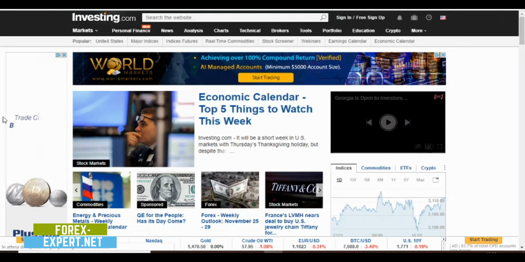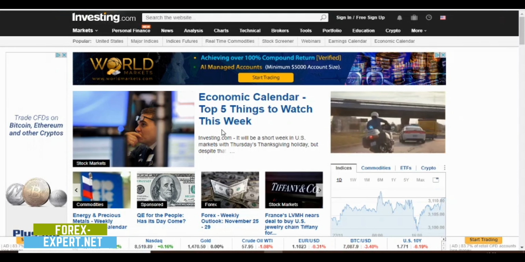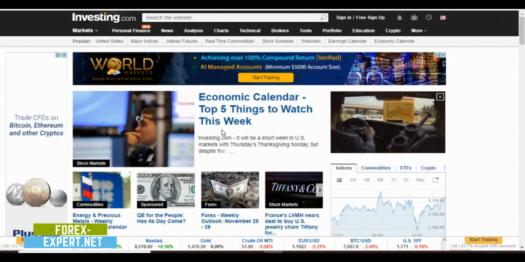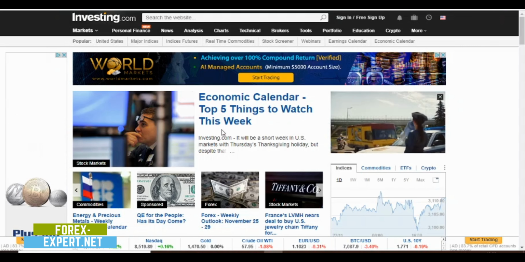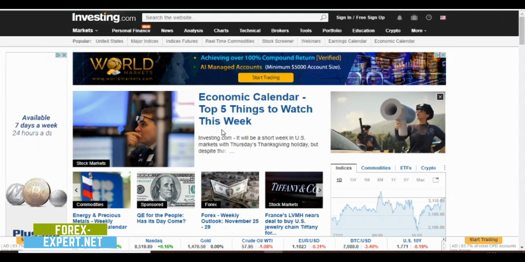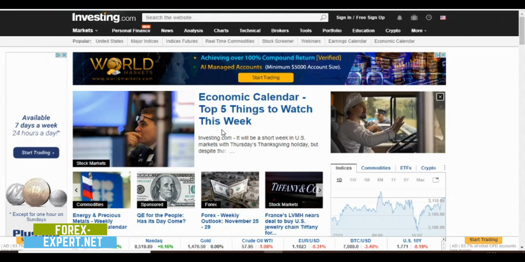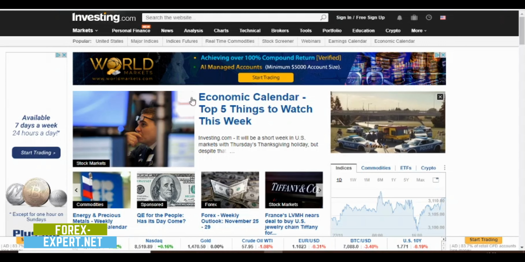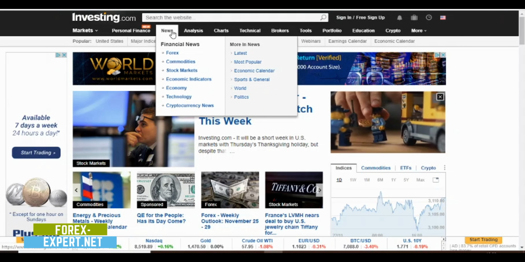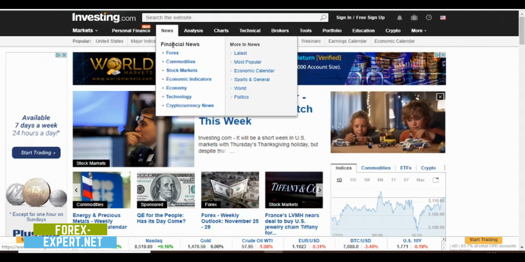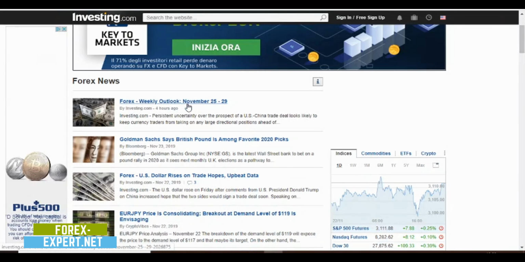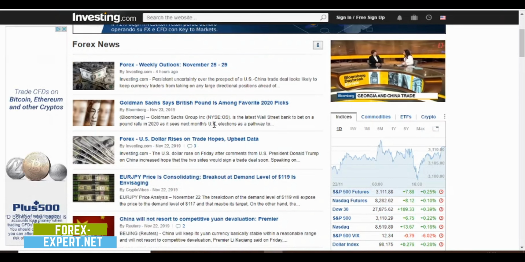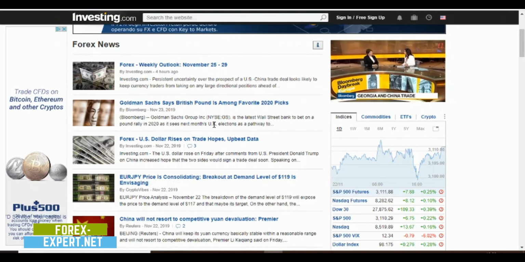My fourth pick is investing.com. This website is a great source for financial news. It's very useful for day traders, but I mean, it's useful for all the traders. I usually go here on news and forex every morning before starting my activity and check out the news, especially if you trade on 5-minute time frames.